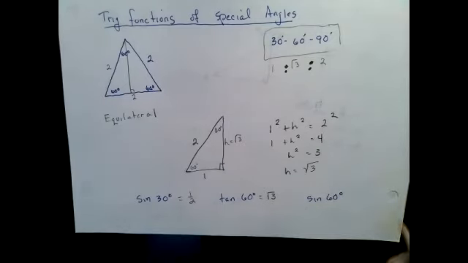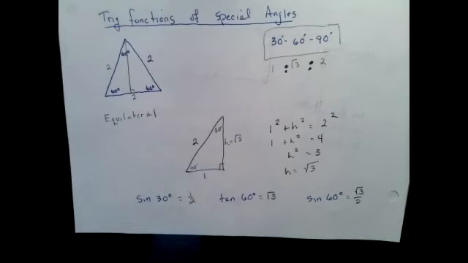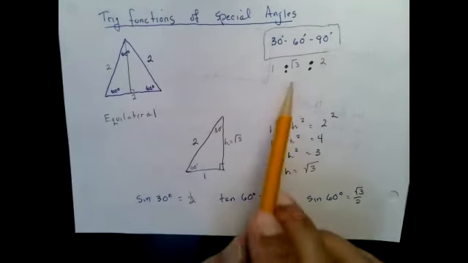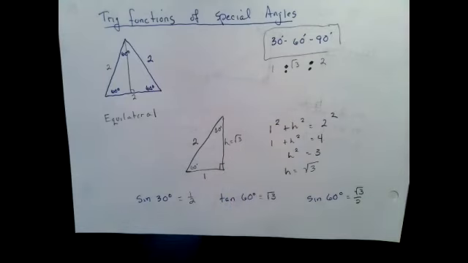Square root of 3 over 2. Very good. And again, I'm going to start to try to make my square roots a little bit better. So these numbers are going to become really familiar, and you're going to get excited when you see 1, square root of 3, and 2. But this is one of my 2 special triangles.